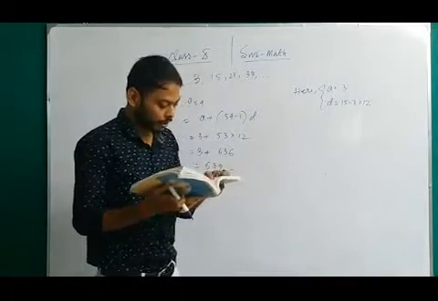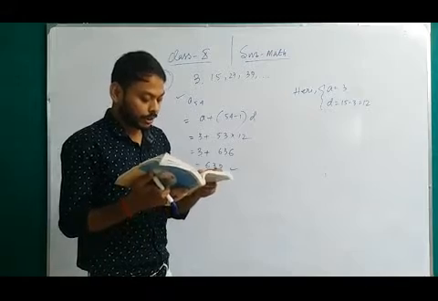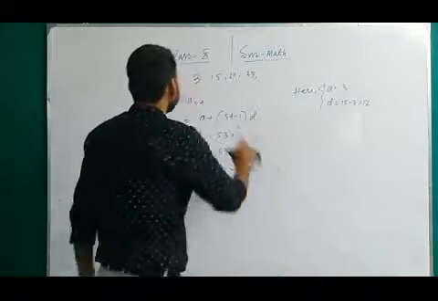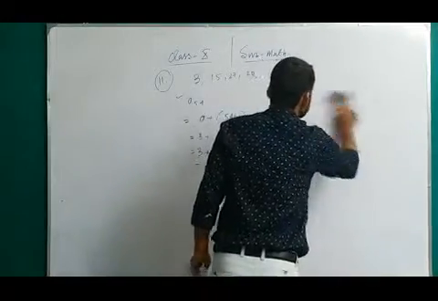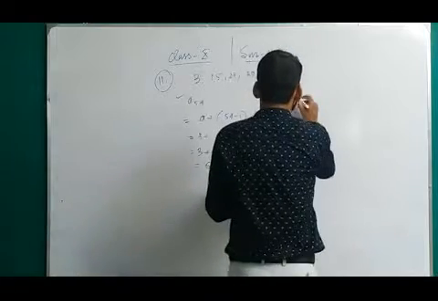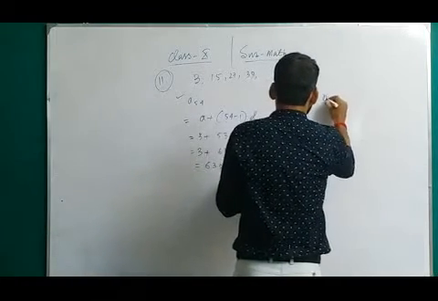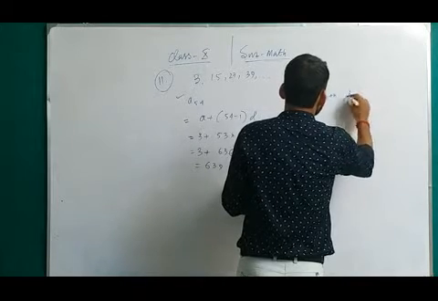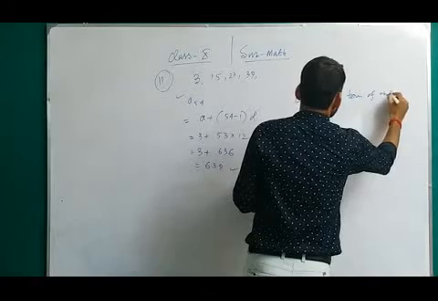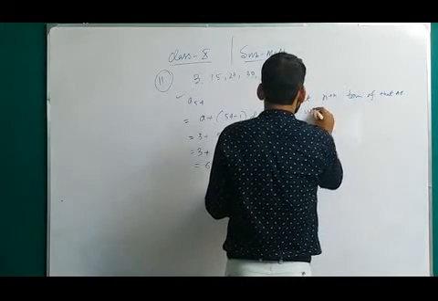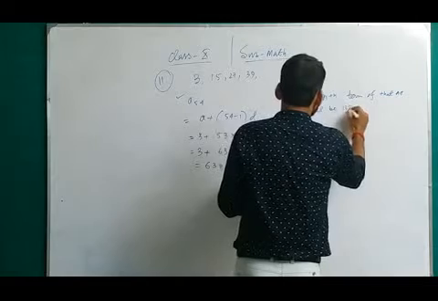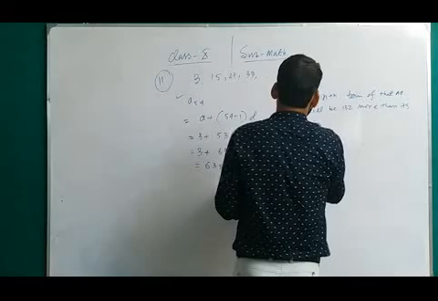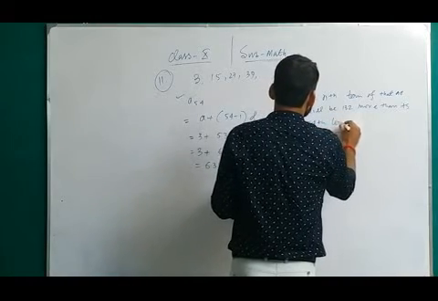Now we are asked to find which term of that given AP will be 132 more than its 54th term. Let the nth term of that AP be 132 more than its 54th term.